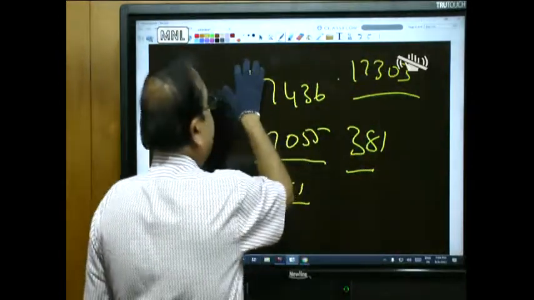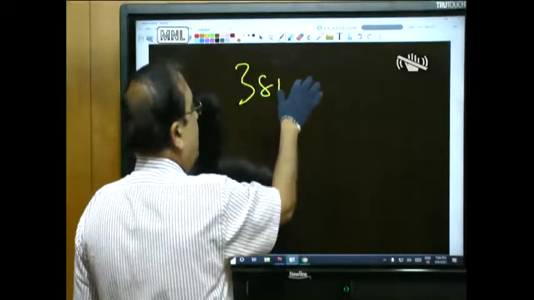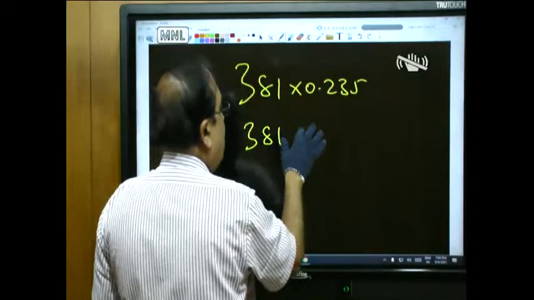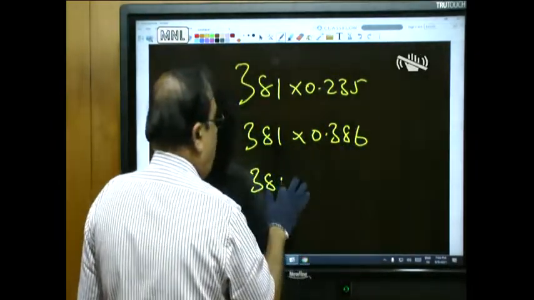So 381 into 0.235, then 381 into 0.386, and 381 into 0.5.